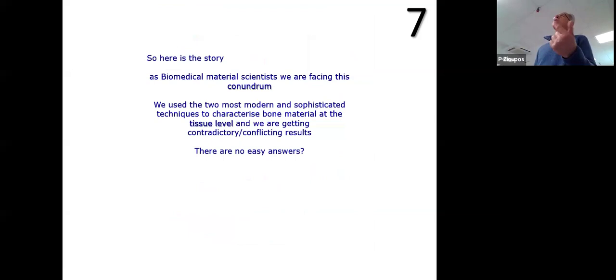It tells you that not only you have to characterize bone within its context, but also you have to have a more careful and profound look in what the techniques are telling you and what the techniques are translating for you, right? So looking at the same tissue level, 3 groups of tissue, you get different results depending on what technique you're using.